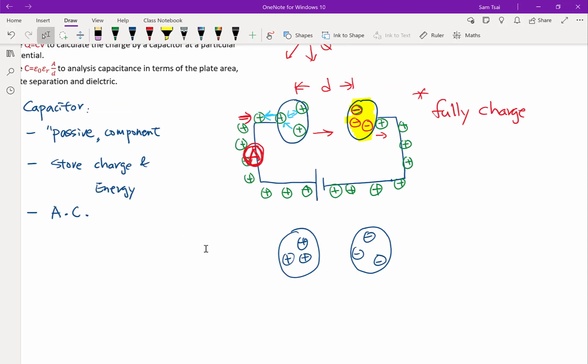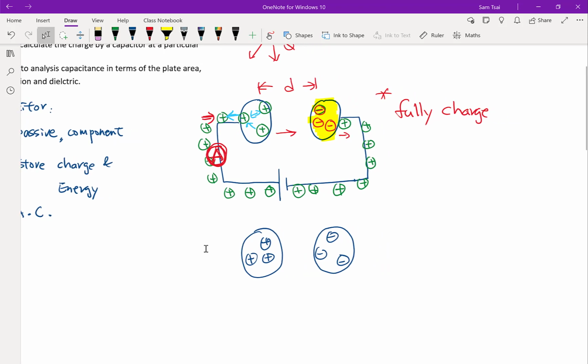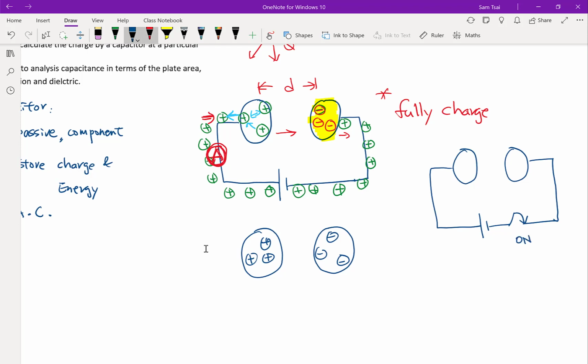You can use the electron current view, and they are the same. Okay, I can repeat it one more time here. So we got two conductors joined to a battery. As soon as we switch it on, the electrons move out from the negative terminal of the battery, and they will move into the conductor at the right hand side.